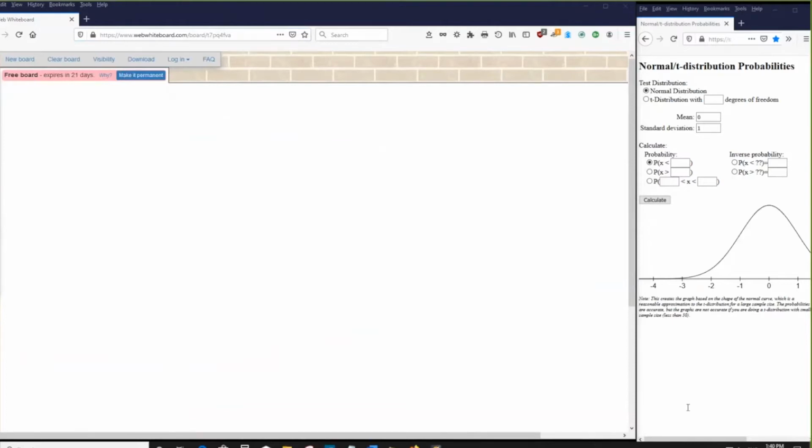Okay, so now if we have a single population mean, then the formulas we're going to use, we're going to have our sample mean.